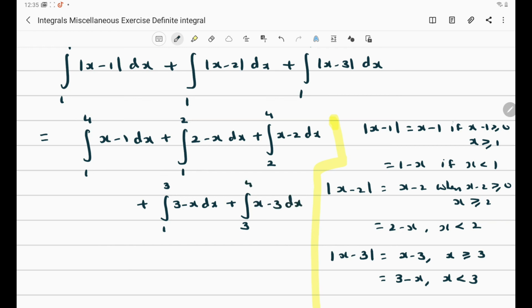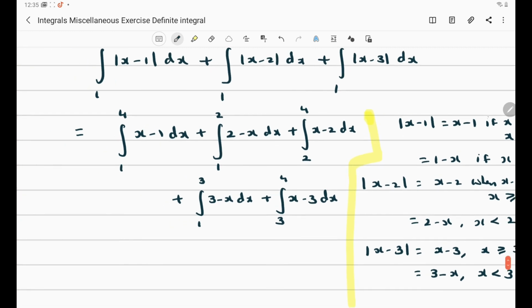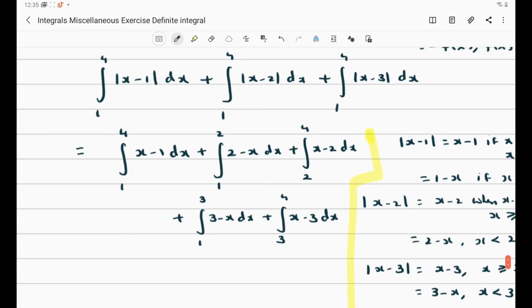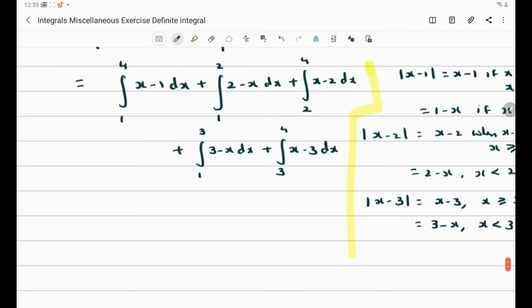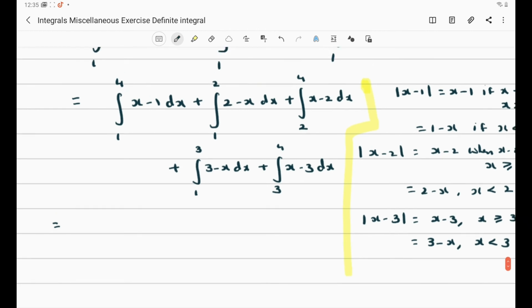So we are able to write all the integrals after simplification of the functions. So we have written integral 1 to 4 x minus 1, plus integral 1 to 2 minus x plus 2 to 4 x minus 2 dx, plus integral 1 to 3 3 minus x plus 3 to 4 x minus 3 dx. Now we are going to do the simplification of this.